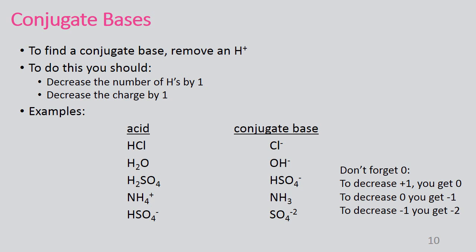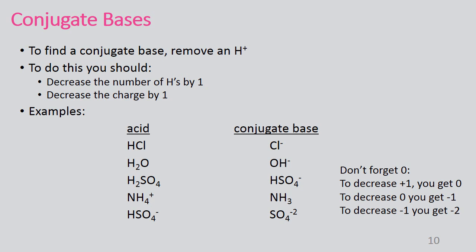H2SO4, we lose an H, becomes HSO4. We decrease the charge by 1, so if it's 0, it goes down to -1. NH4, we lose one of the H's, it becomes NH3. Now NH4 is a positive one, and so if we decrease the charge by 1, it becomes neutral or 0.